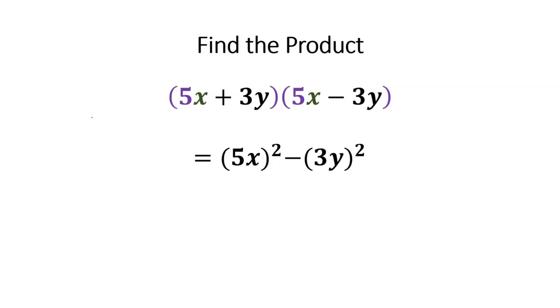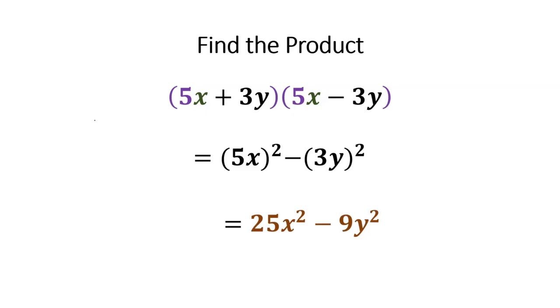So I will write a squared minus b squared as (5x) whole squared minus (3y) whole squared. (5x) whole squared will give me 5x times 5x, which is 25x squared. And (3y) whole squared will give me 3y times 3y, which is 9y squared. And that is your final answer.